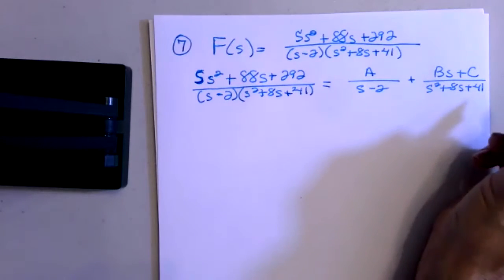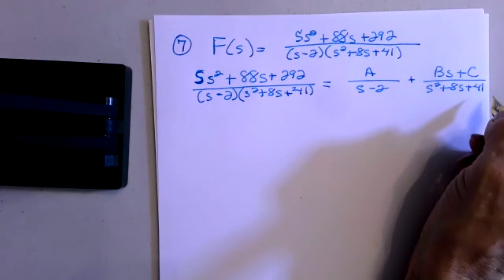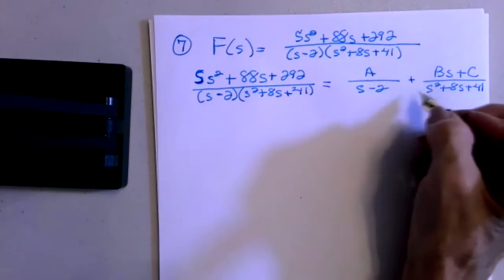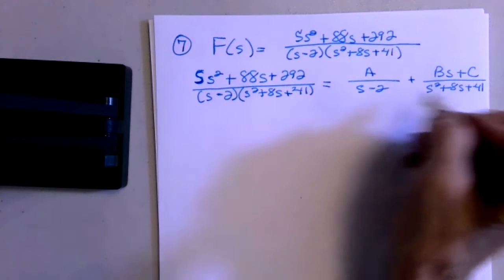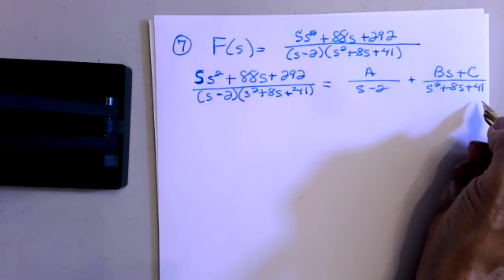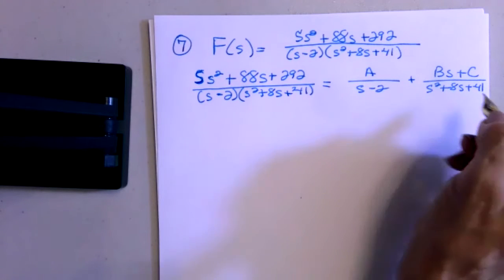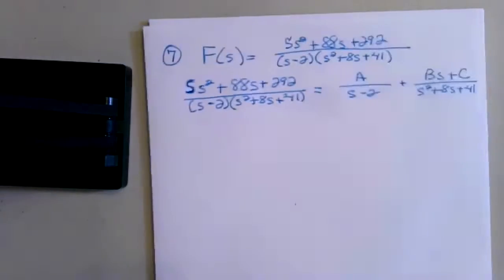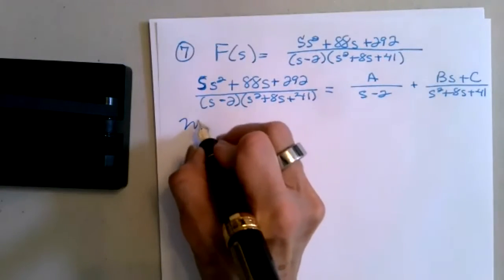Notice 41's prime, so this does not factor. We're going to have to play some games when we go to invert that one. But first, you have to get your partial fraction decomposition. So I multiply through by the denominator.